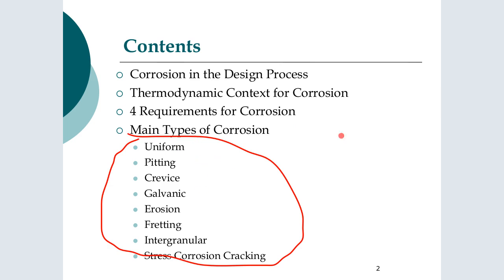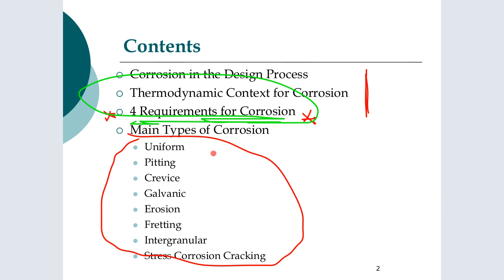What I'm going to focus on here are the corrosion design process, the thermodynamic context for it, and I suppose the critical point really is the 4 requirements for a corrosion cell. So this aspect here is really important. Once you get an understanding of that, you can look at the different types.